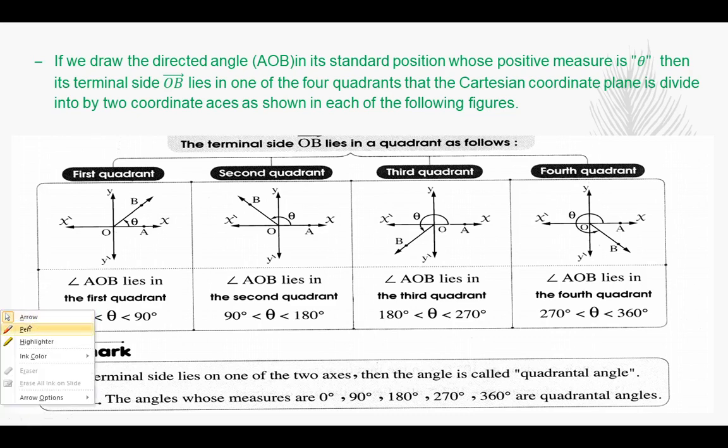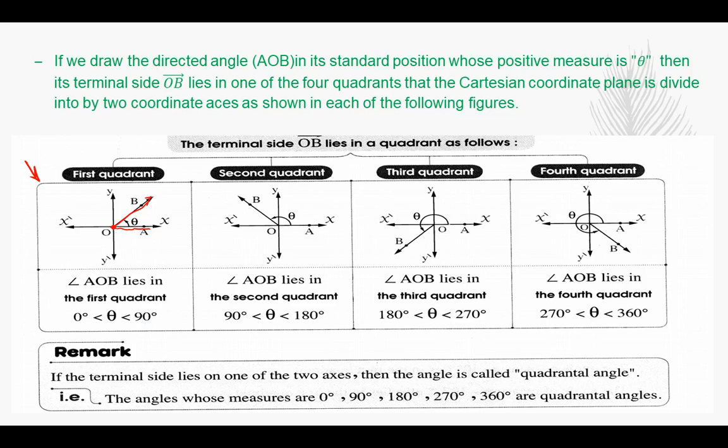Here we are going to focus on the terminal side. In figure 1, the vertex is the origin point. The initial side is OX, the positive direction of the x-axis, and the terminal side OB lies in the first quadrant. So if the terminal side lies in the first quadrant, this means that theta is bigger than 0 and smaller than 90.